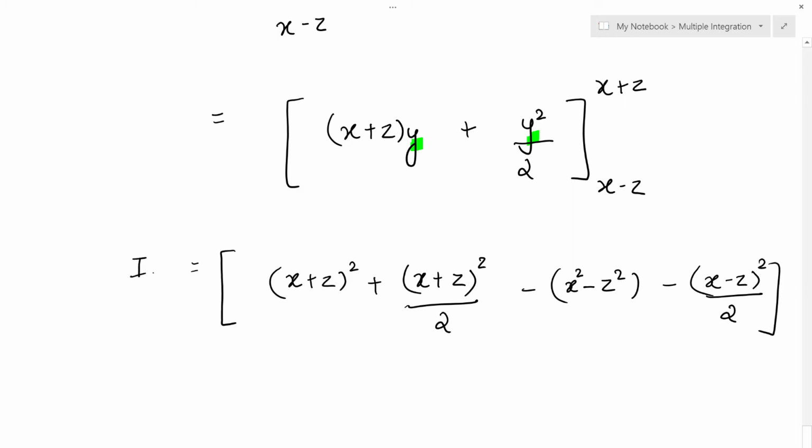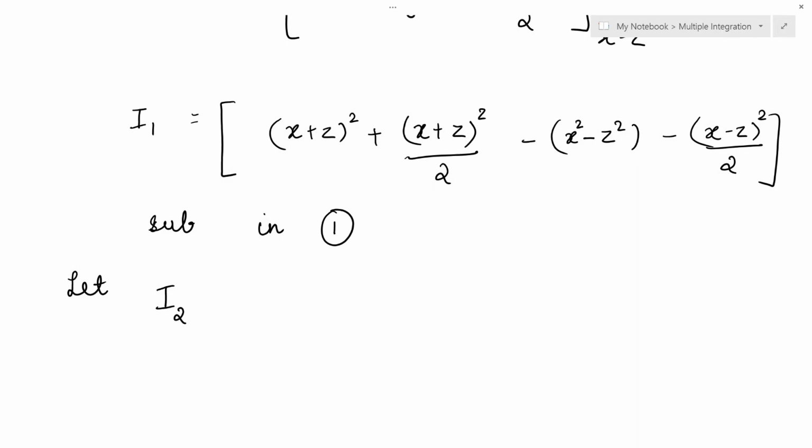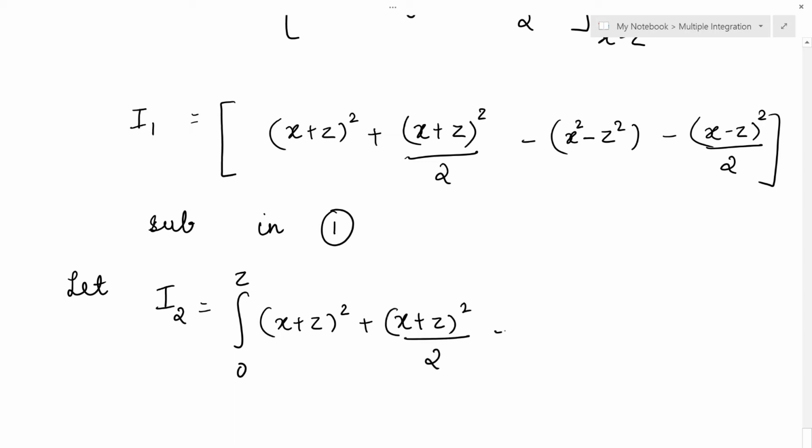Now I will substitute this in my equation 1, and consider the second integration I2. The second integration I2 is with respect to x from 0 to z, right? The integrand is this whole answer as it is: x plus z the whole square, minus x plus z the whole square by 2, minus x square minus z square, plus x minus z the whole square by 2.